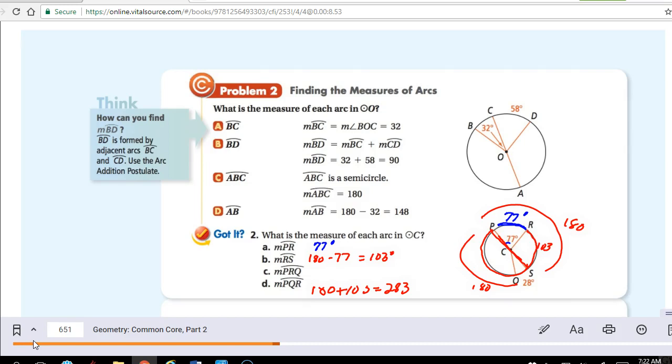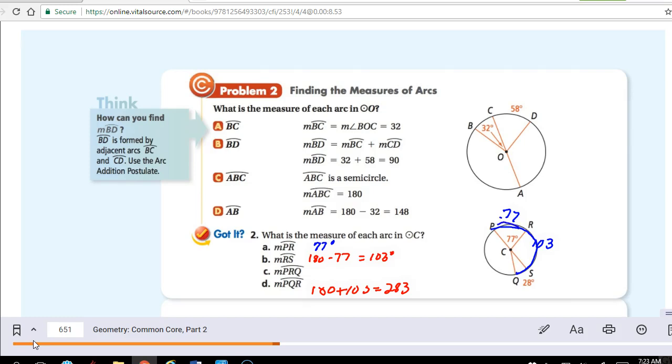And let's look at PRQ. Okay, so let me clean this up just a little bit so that it doesn't look so messy. We know that this one was 77. We established that this one was 103. So if we're trying to do from P to R to Q, it would go from there to there.